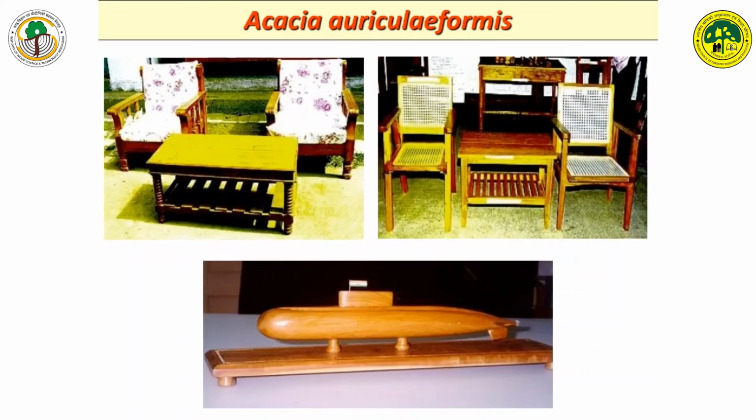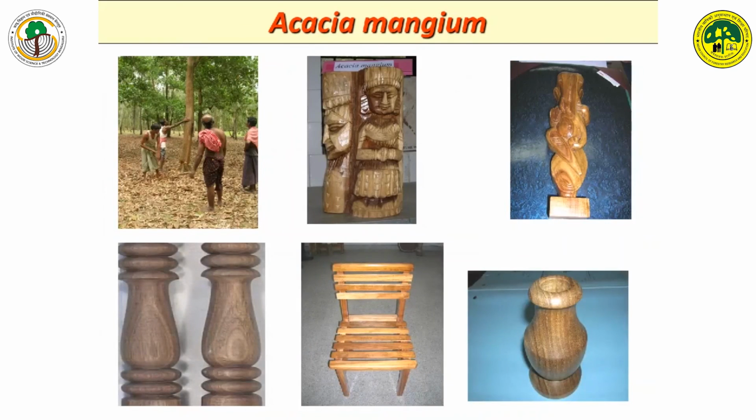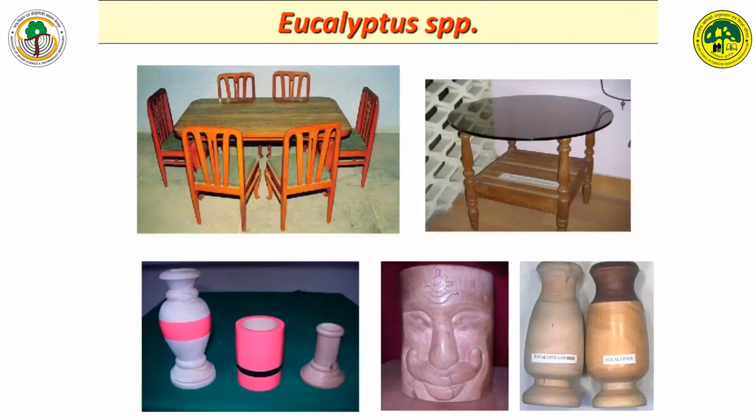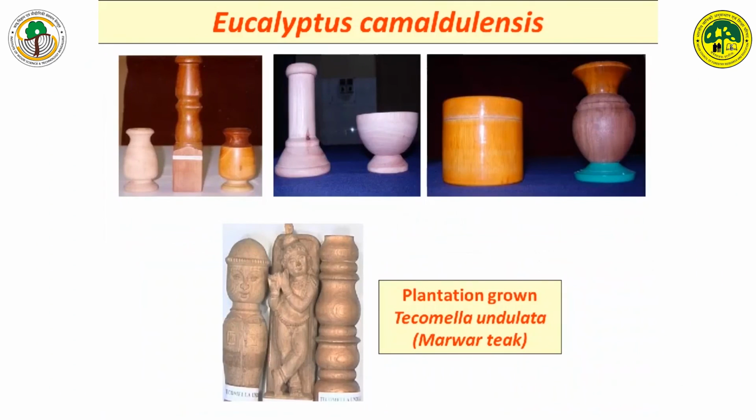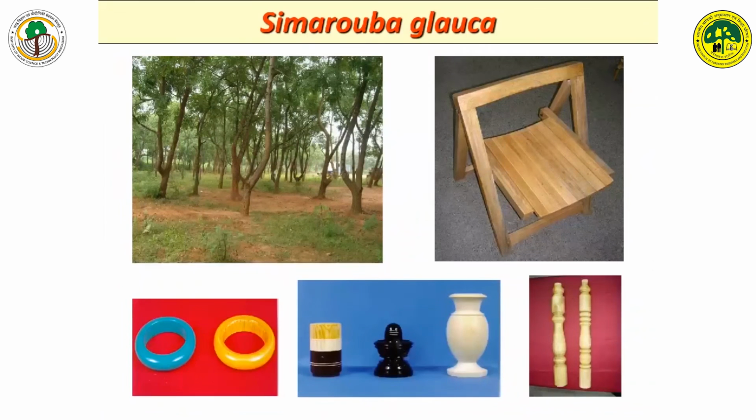So Acacia coliformis, some of the pictures are shown here, Acacia mangium, we have produced many usable items for demonstration that this timber species can be used for many applications. Eucalyptus camaldulensis and Tectona undulata, it is a very stable timber and is much used for handicraft purposes.